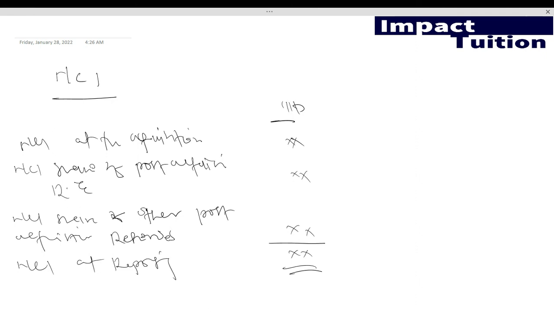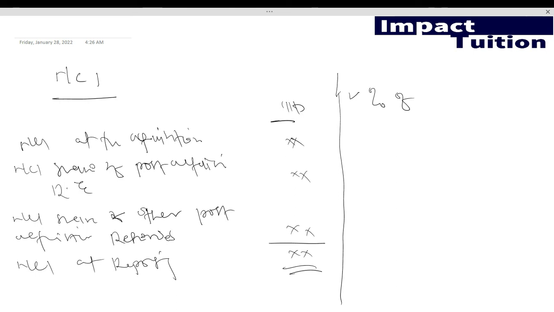We should note this. There are two ways of measuring NCI at acquisition date. Let's quickly look at this. NCI can be measured in two ways. The first, as a percentage of the net assets of the subsidiary at the date of acquisition.